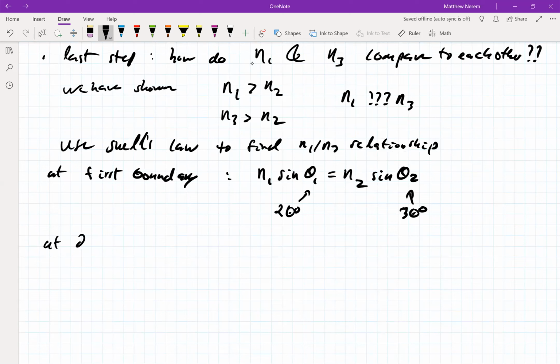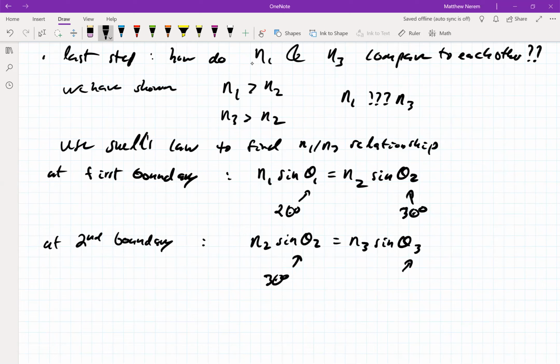Then at the second boundary, we also have that n2 sine theta 2, 30 degrees, if you need the reminder, equals n3 sine theta 3, which is 10 degrees. All right, pull out our smart little highlighter and we'll say, look, n2 sine theta 2 equals something.